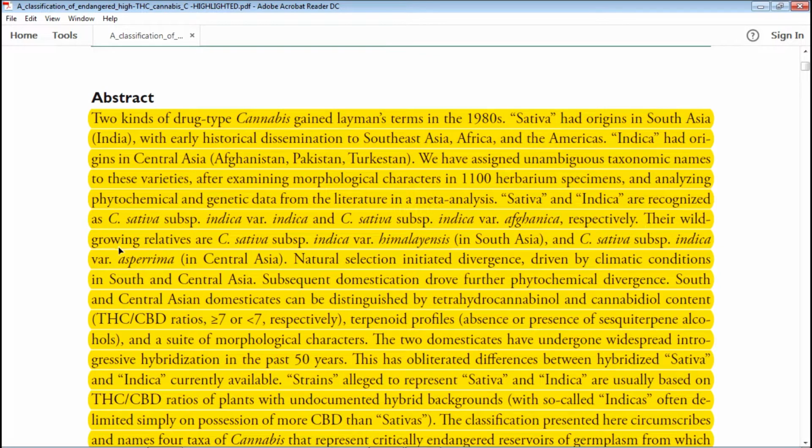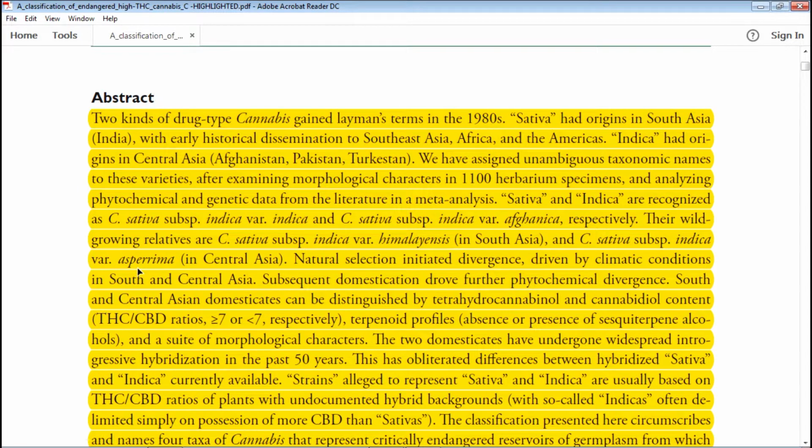Their wild growing relatives are Cannabis sativa subspecies indica variation himalayensis. So this is where you would get your Hindu Kush and your whatnot in the Himalayan mountains there. And Cannabis sativa subspecies indica variation asperima in Central Asia.